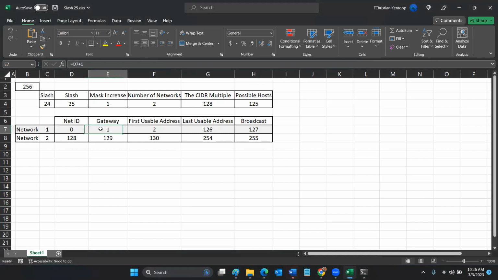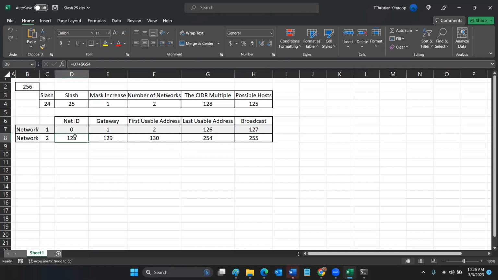The gateway address would be 192.168.1.1. The first usable address you could assign to any host in that network would be 192.168.1.2, .3, .4, .5, .6, all the way up to 126. That's the last usable address. 127 is the broadcast address. Now, notice the pattern here. Broadcast address, what comes next?